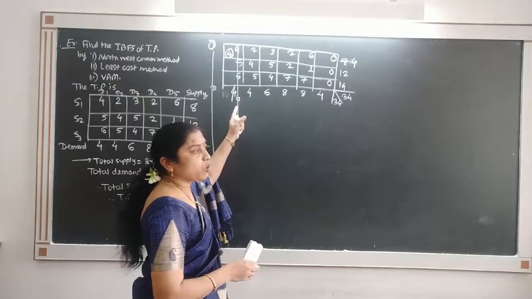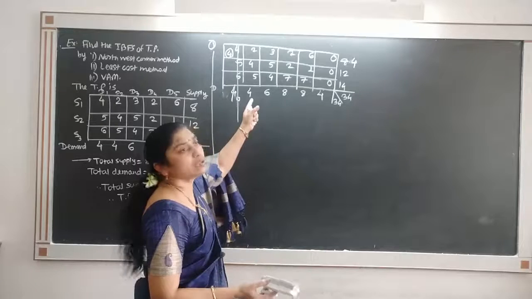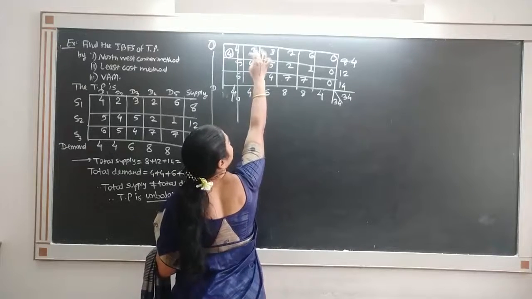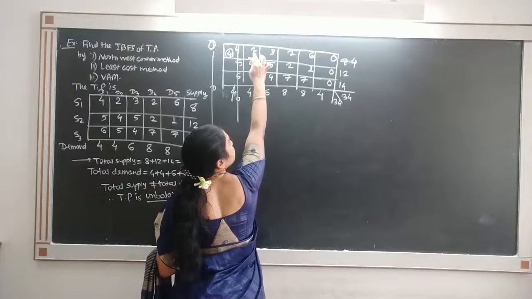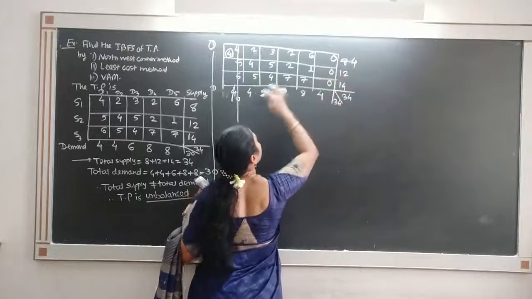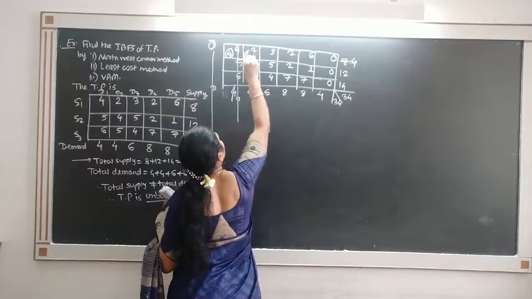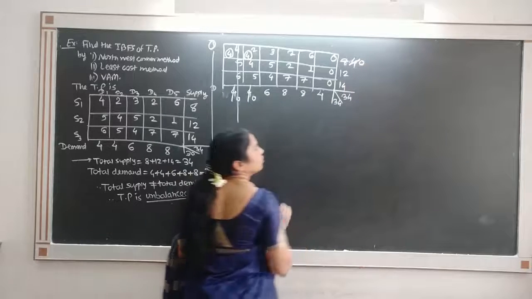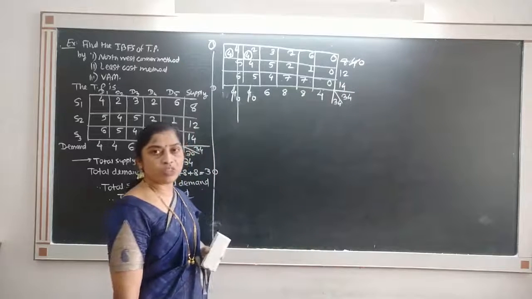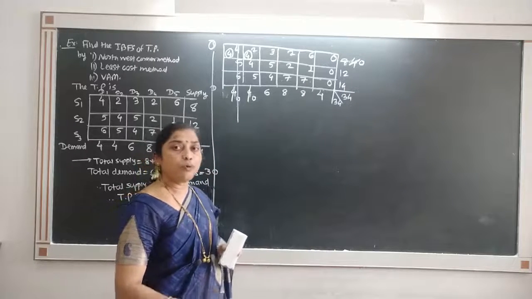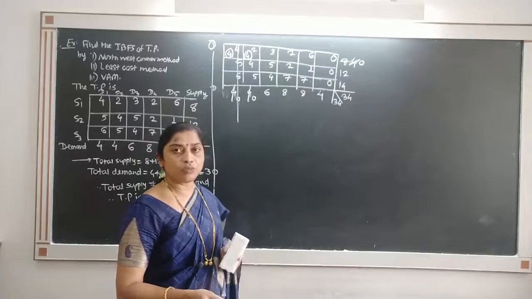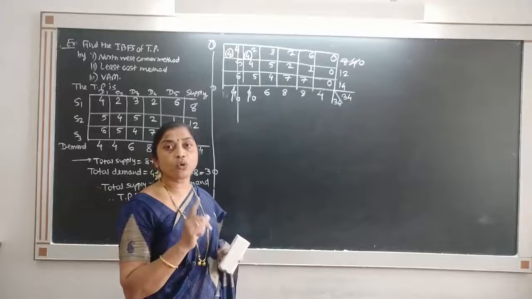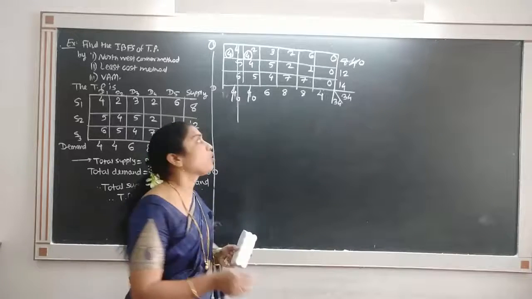If you cross out the column, you have to move to the next column, and therefore the next cell is this one. In this cell you have to allocate as much as possible, that is minimum of 4 and 4, that is 4. Allocated 4 gives both demand and supply to be 0. So at the same time row and column are crossed out, but we have to cross out only one, either row or column.